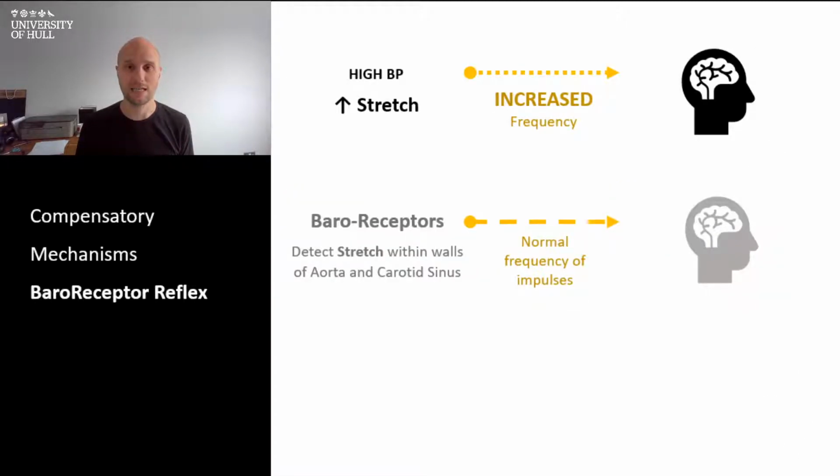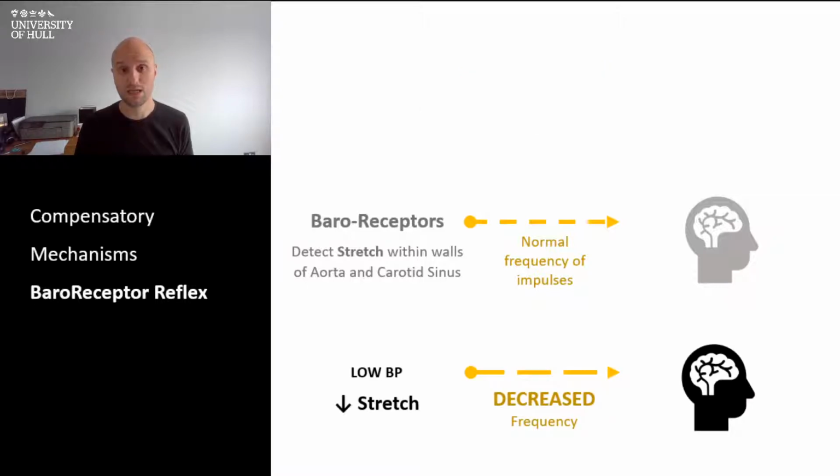So the first thing to say is that the action potentials, these messages travelling from the receptors towards the central nervous system, don't get stronger or weaker. The messages are more or less frequent, and that's how the information is conveyed. So where there's a high blood pressure and the walls of the aorta and the carotid sinus are very stretched, we're more frequently seeing messages travelling towards the central nervous system.